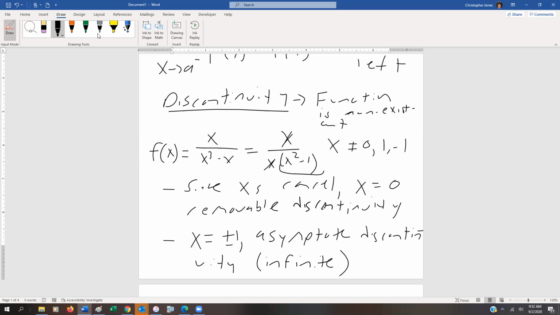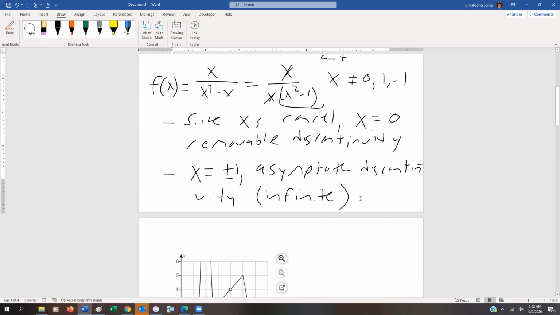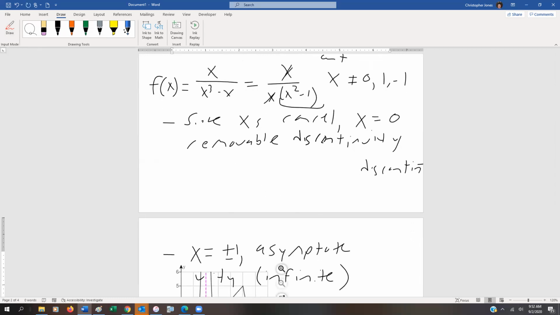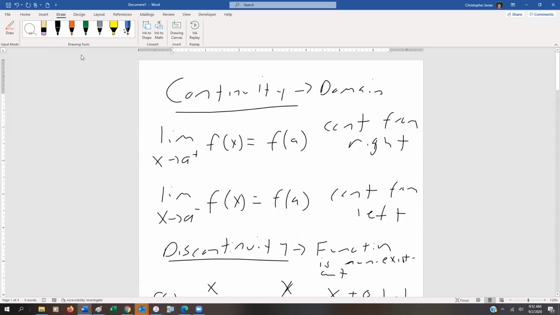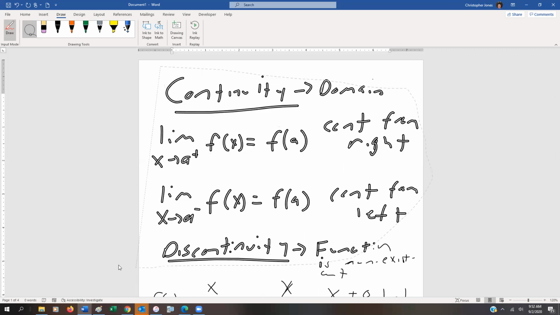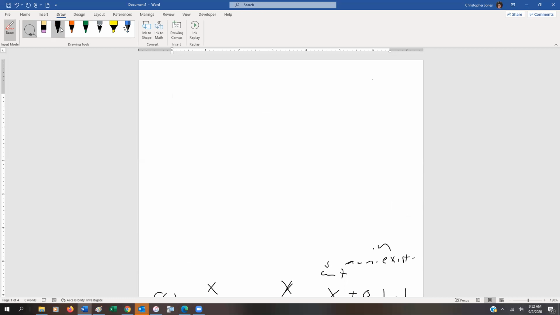There actually is one other type of discontinuity, all right, sometimes called a step or a jump discontinuity, and that doesn't really happen that often in mathematics. So just to give you an idea of what that looks like, let me get rid of some of this stuff just so I can draw a picture of it. But for any of you that have ever seen the function f of x equals like a ceiling function, or a greatest integer function, that's a step discontinuity, all right?